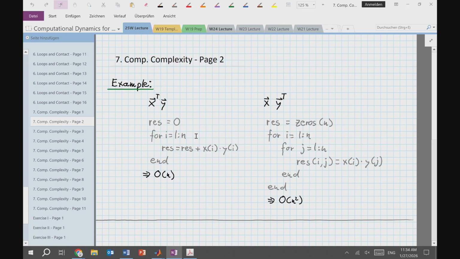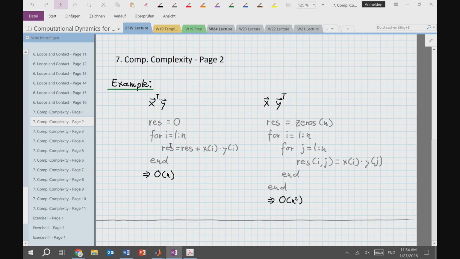And this means I have a single for loop which runs from 1 to n, and everything that happens within this for loop is executed n times. This basically means this is something that scales linearly in time. If I double n, my for loop runs twice as long, and I have roughly twice as many operations. Just scaling, because this is not exact.